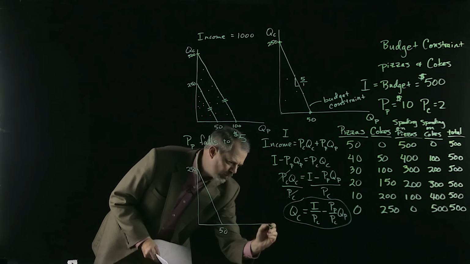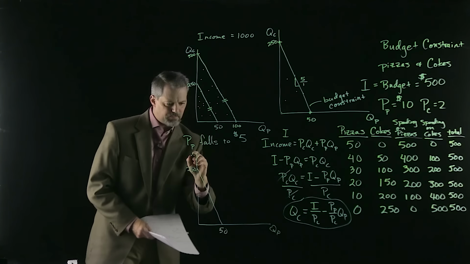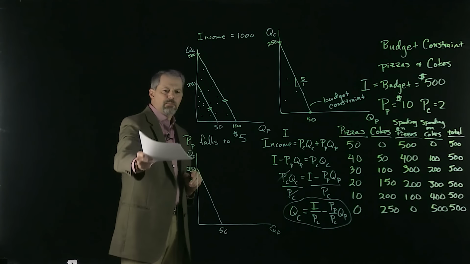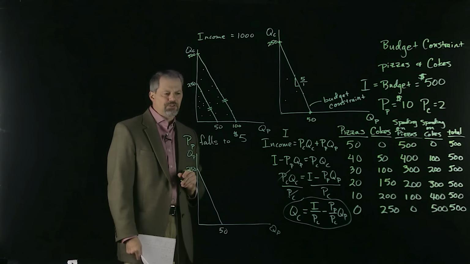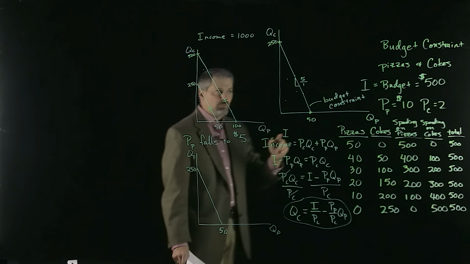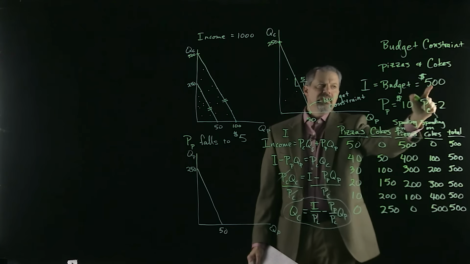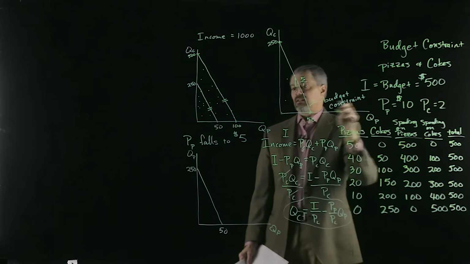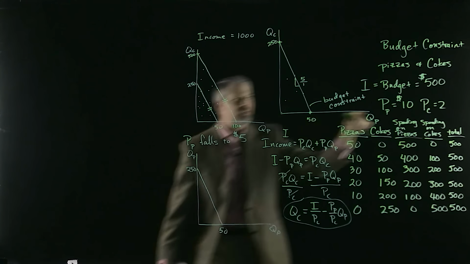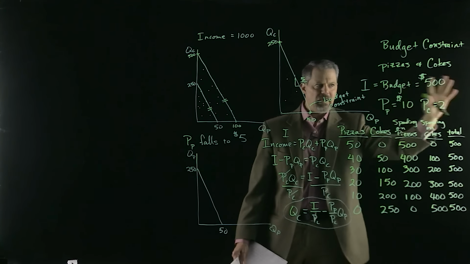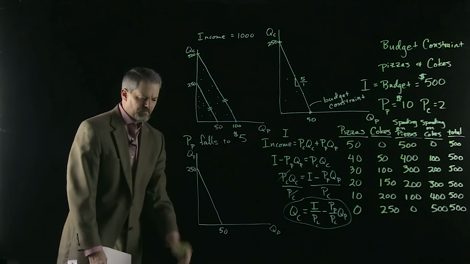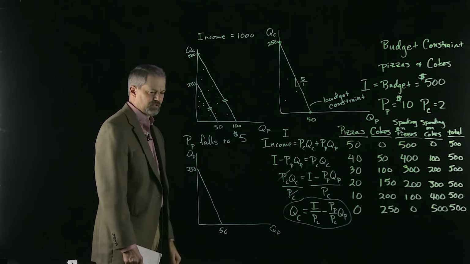Down here we've got the quantity of pizzas, and up here we've got the quantity of Cokes. So now the price of pizzas is going to fall to 5. It's going to get cut in half. Well, think about what that means. I increased our income here to 1,000, but let's take our income back to 500. Let's go back to start with these numbers. That's what this budget constraint is based on.